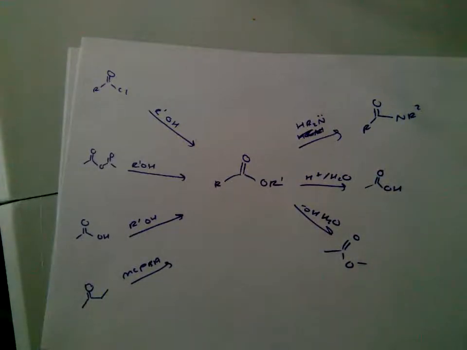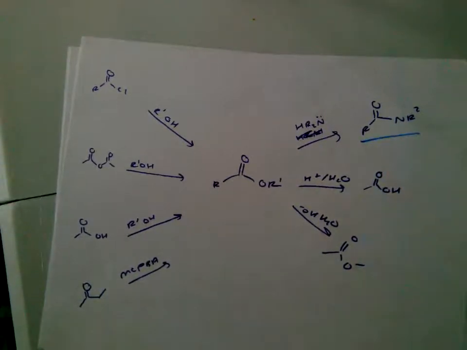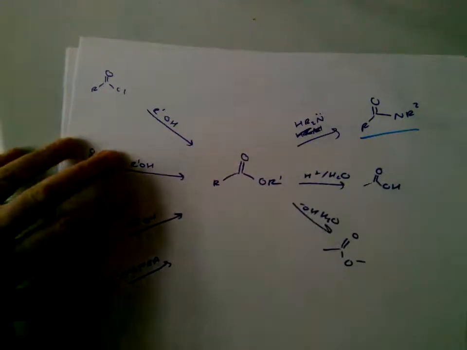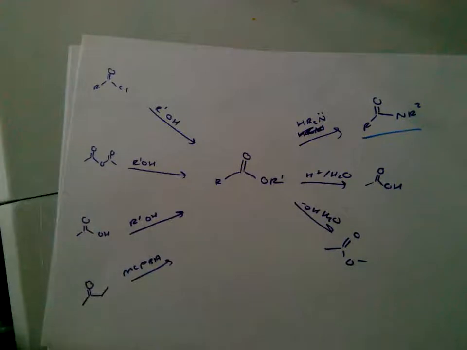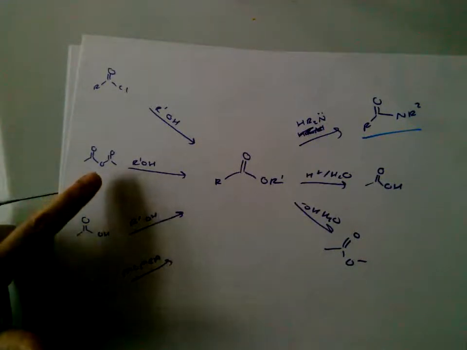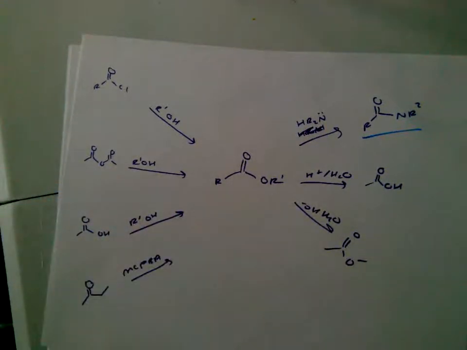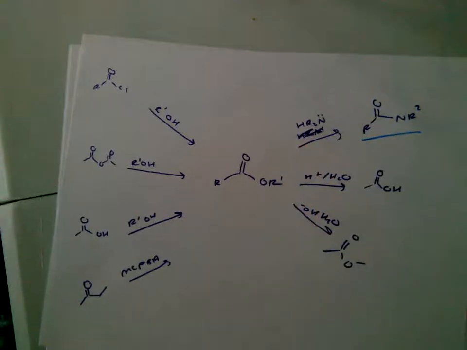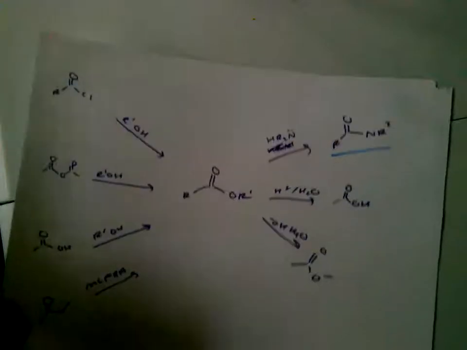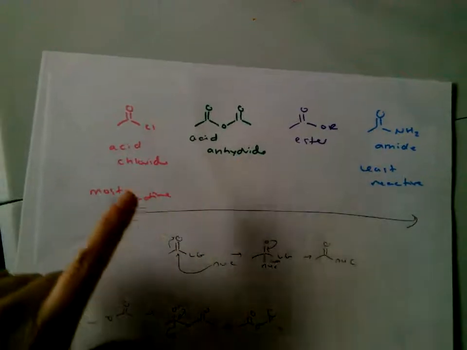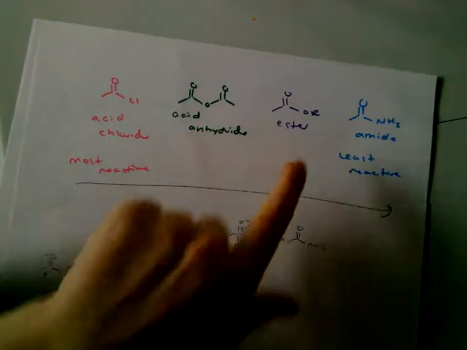That's the only carboxylic acid derivative, though, that you can turn an ester into is an amide. You can't go back to any of these others. Chlorine's not a strong enough nucleophile. Your carboxylate salt's not good enough. So the only thing you can do is basically turn this into an amine.